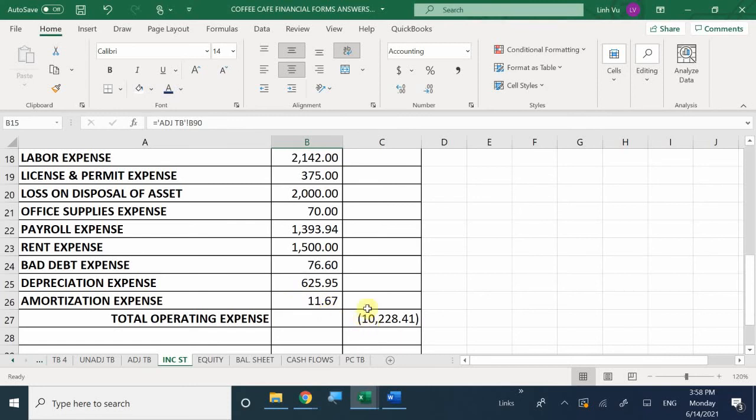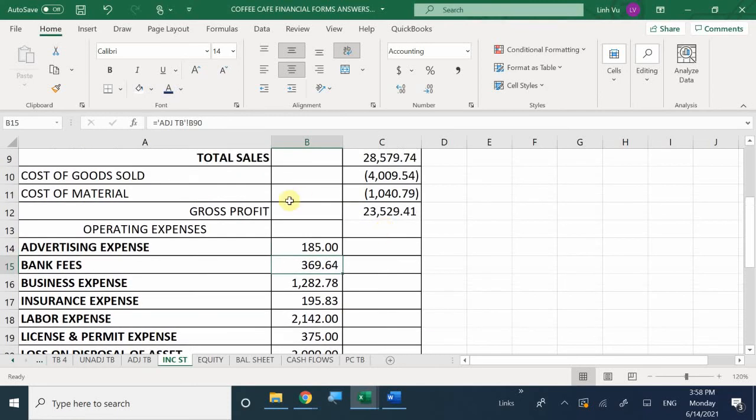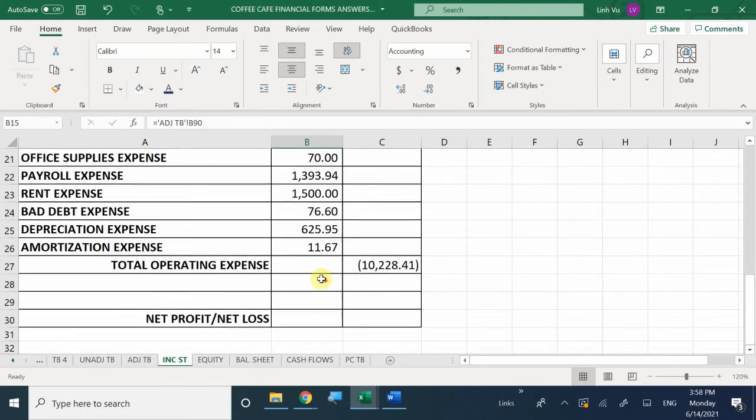Okay. Make sure you're not including your gross profit because that's going to be calculated later. It's only your operating expenses.